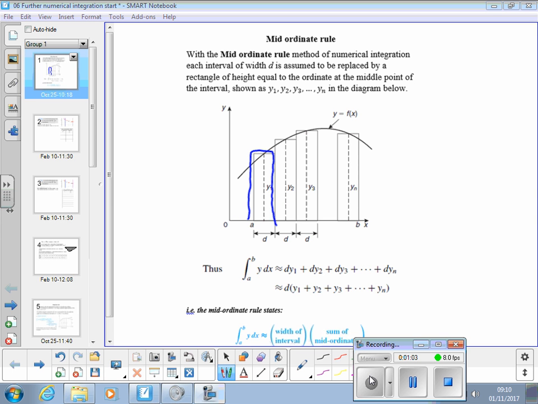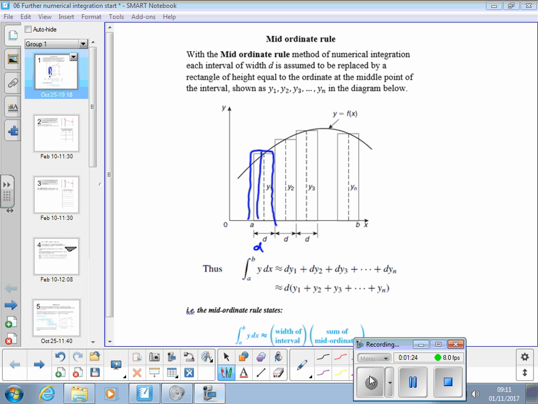We've still got a width d, but the height of it is the value of that function in the middle of that interval. Hence the mid-ordinate rule.